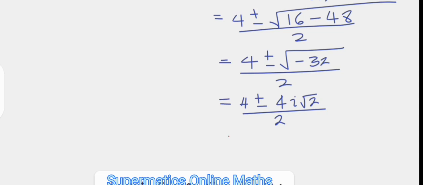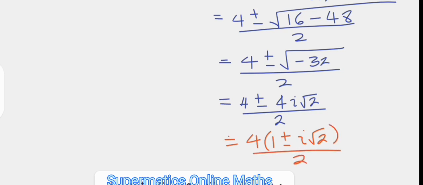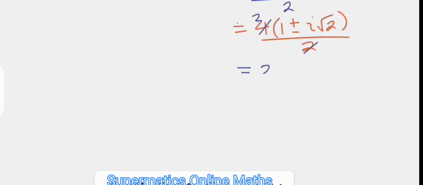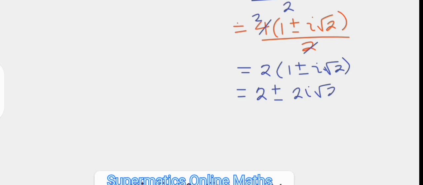With 4 factored out from the numerator, we have 4 times 1 plus or minus i root 2 over 2, where 2 can go in 4 twice, to give us 2 times 1 plus or minus i root 2, or when opened up again, it is 2 plus or minus 2i root 2.